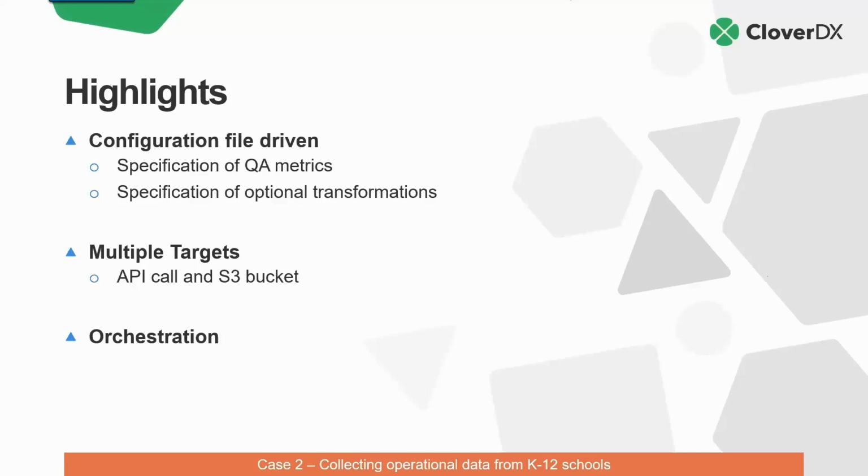I didn't really mention that, but we take that data, we make API calls to push the data into the portal, but we also take the data files that we've created and put them into an S3 bucket for archival or for subsequent auditing or any sort of deeper analysis that might need to be done on historic data that was ingested into the system. And as I mentioned, full orchestration, right? The entire process end to end is orchestrated and automated through a data platform.